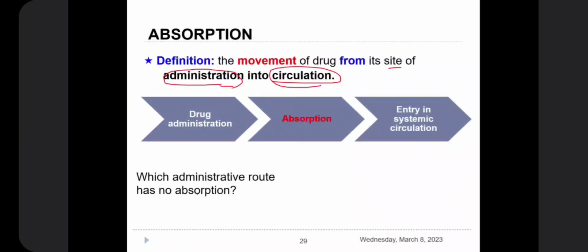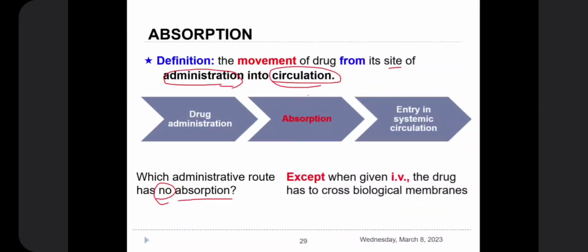and which administration route has no absorption. You can see here there is a gap between the administration and the circulation, so which administration route has no absorption? You can think about it. That is IV.